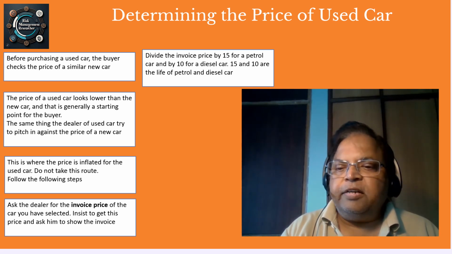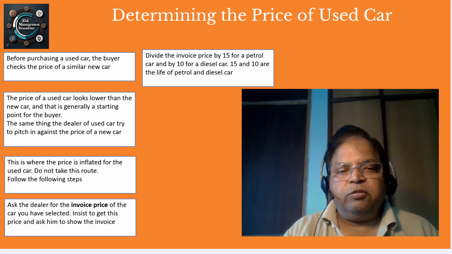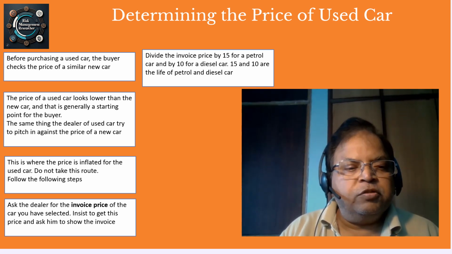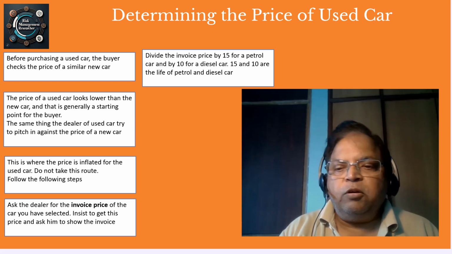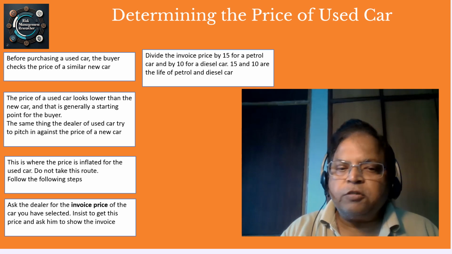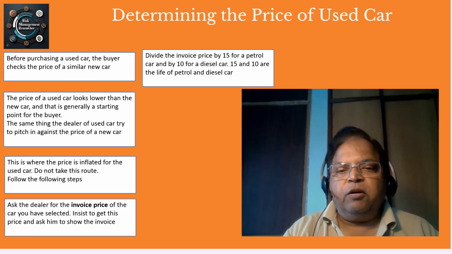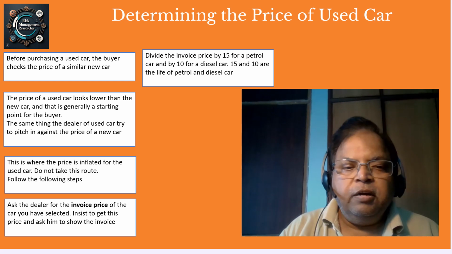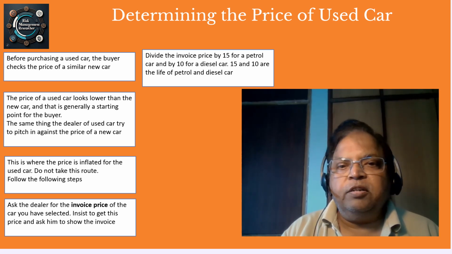The first thing that you should ask is what is the invoice price of the used car that you have selected. The dealer may say that they don't have it. Insist on it. Insist on the invoice price, because the invoice price may be from 4 or 5 years back. Ask for that price.